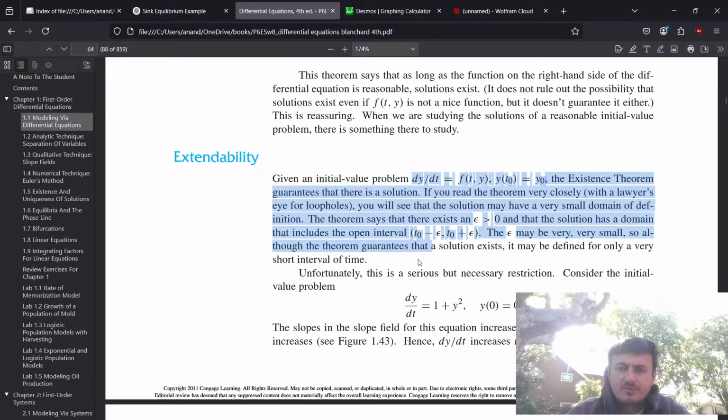The solution has a very small domain of definition. The theorem says there exists an epsilon greater than 0, so it could be really, really small.